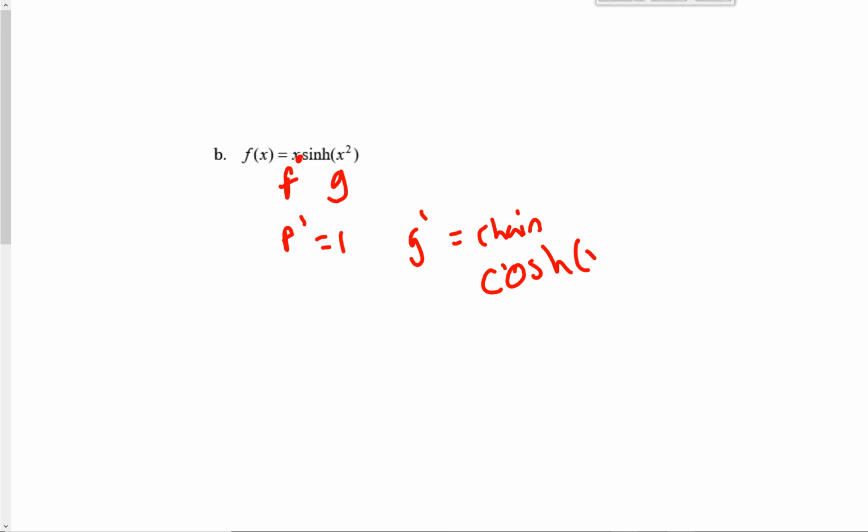I leave the inside alone, and then multiply by the derivative of the inside, the derivative of x squared, which is just 2x. So that's the derivative of G.